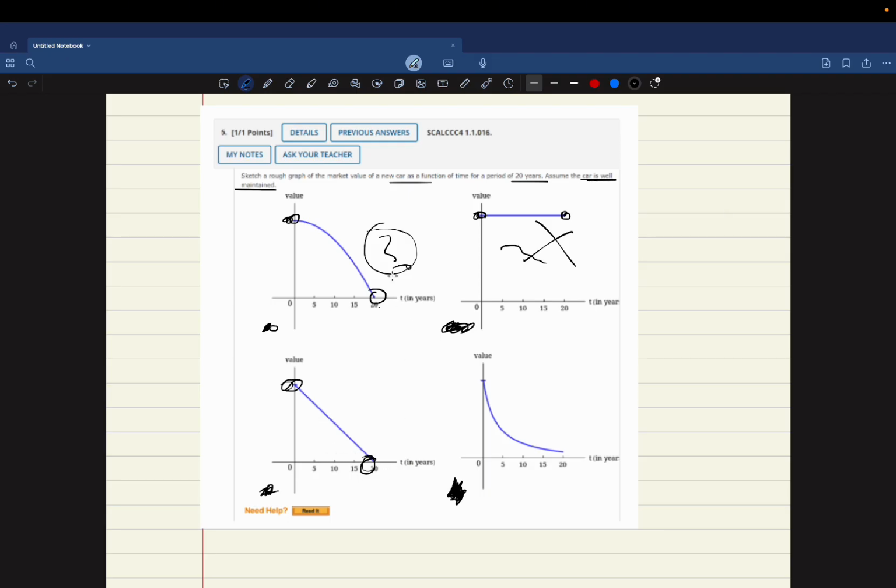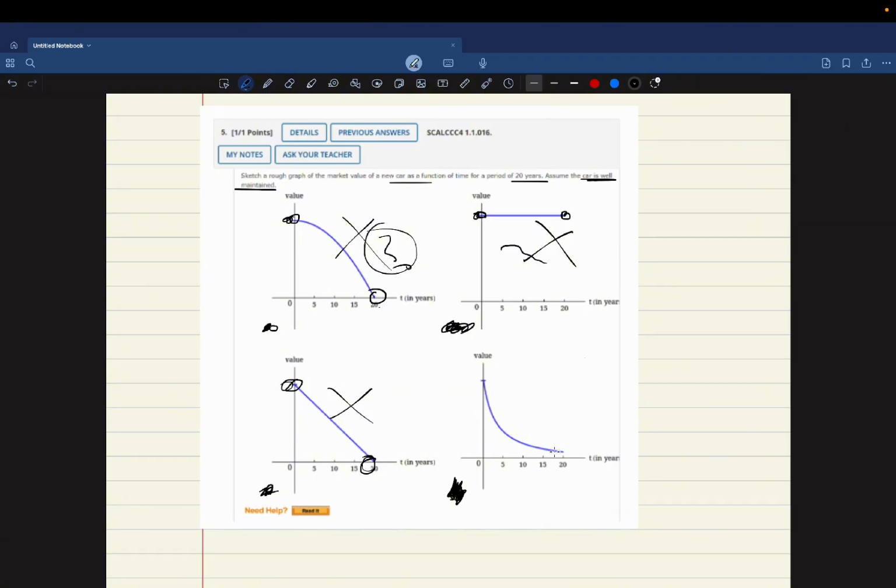Both have the same point, but this is degrading slowly at a curved rate, while this is degrading at a constant rate. In both of these options, the value of the car is 0 at the end. So this is not the option, and this is also not the option. Through the process of elimination, we found that this one is the only correct graph.